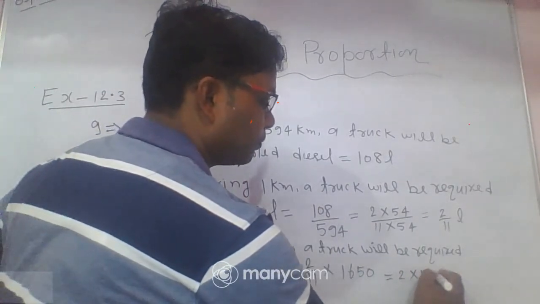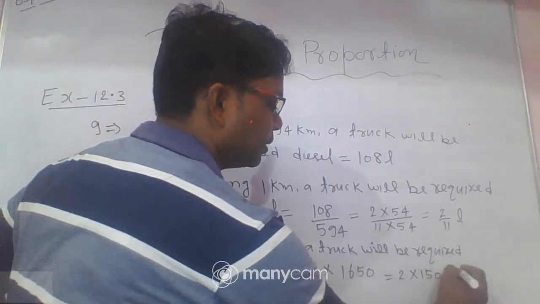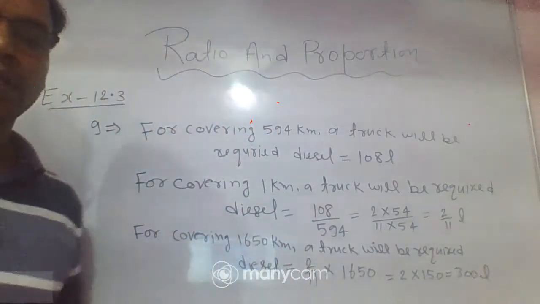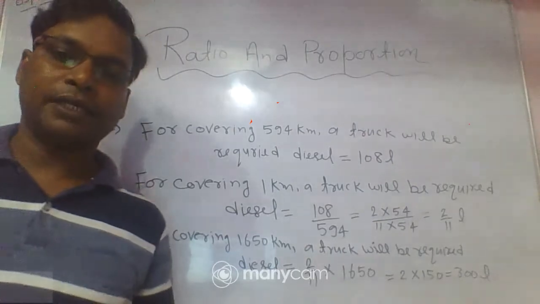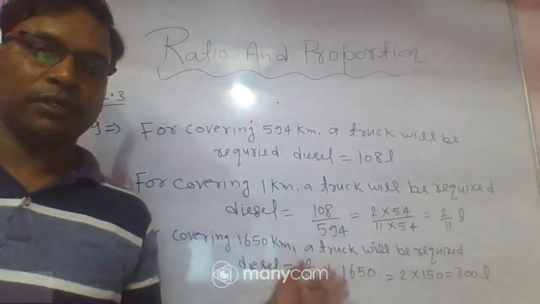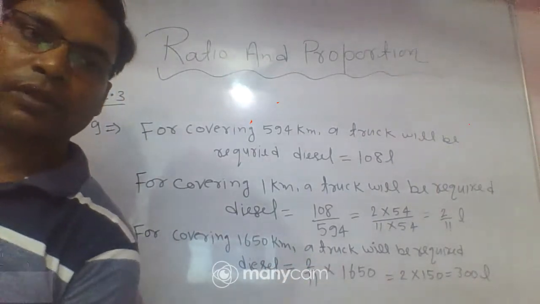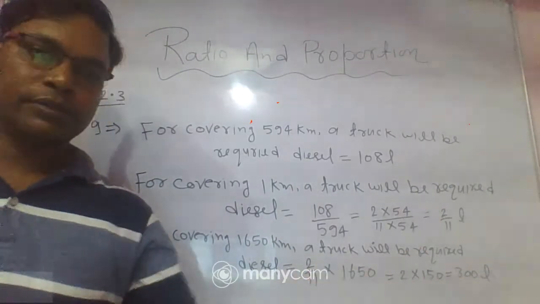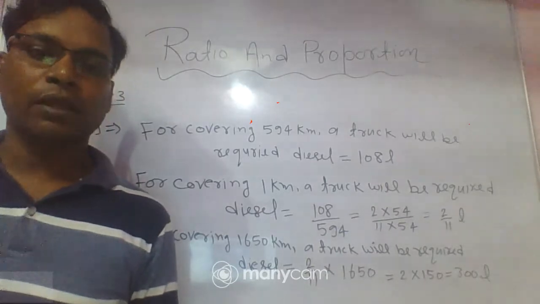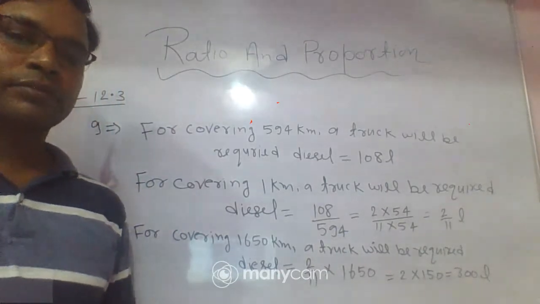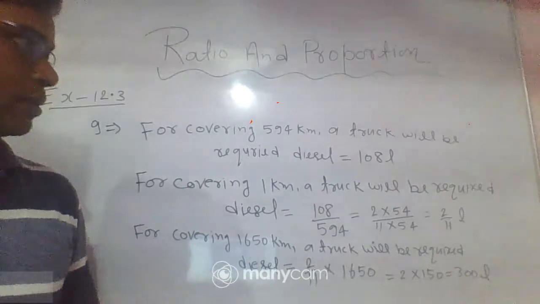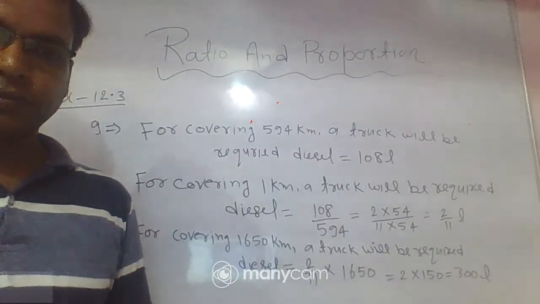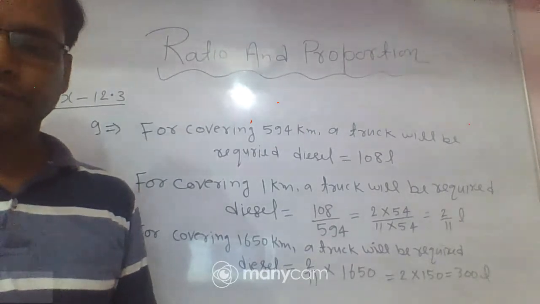If you divide it, you find 2 into 150, which is equal to 300 liter. Here we represent liter by l, so please don't be confused. Clear? This is clear. So let's see the next question, question number 10.